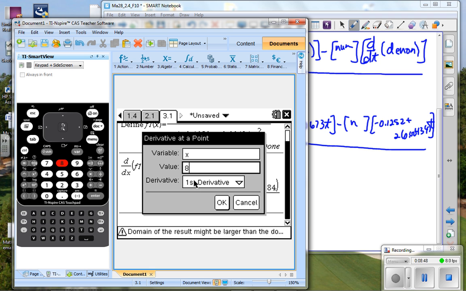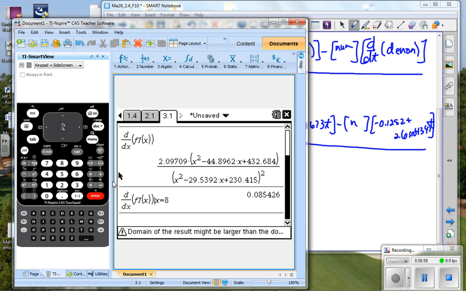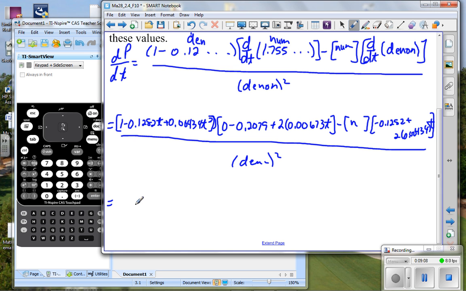And so we'll make 8 here, and we're looking for the first derivative, and our function is going to be f1 of x, and our value is 0.085426. So let's go ahead and write that for us.